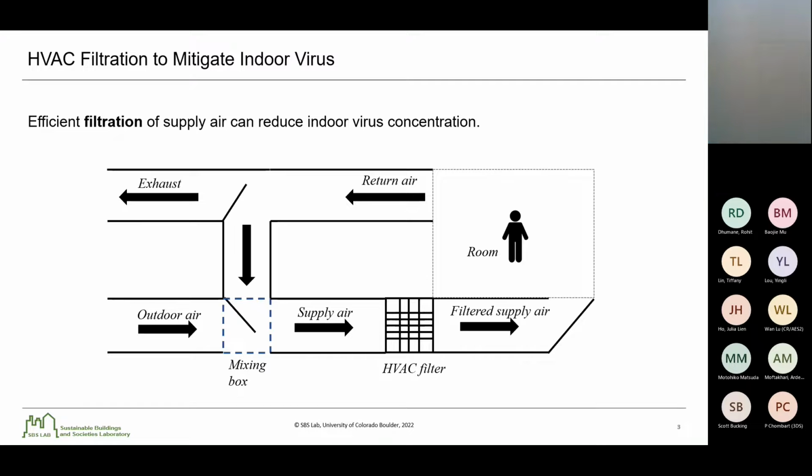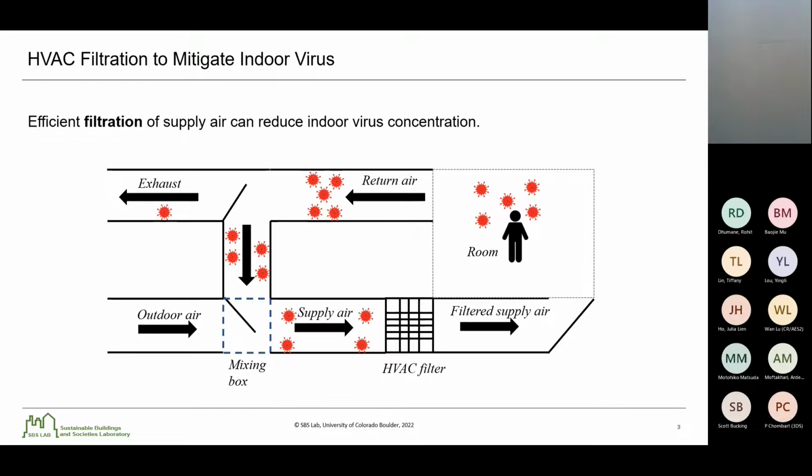So here we have a sample room where we have a sick person who may be generating virus particles. Especially the lighter viral particles may remain in the air and begin to return through the air handling system. Some of these viral particles may be exhausted to the outdoor environment, but some may be circulated back into the supply air of the HVAC system and can return back into the room.